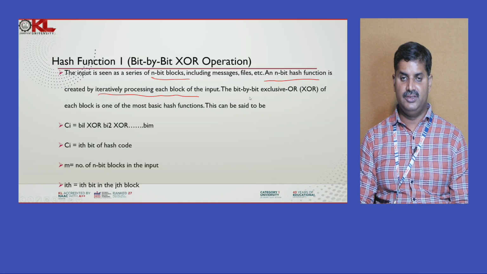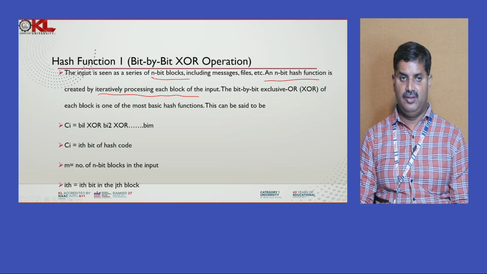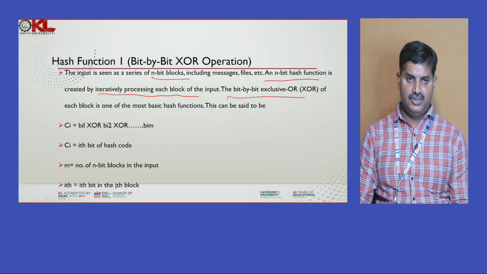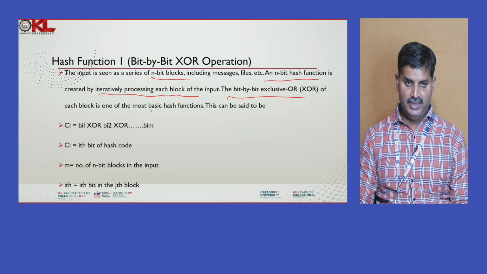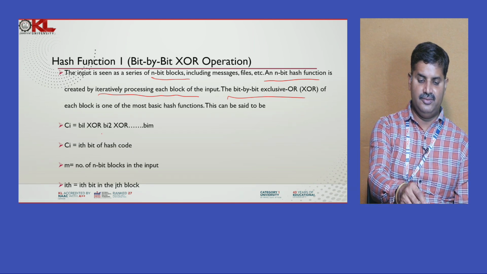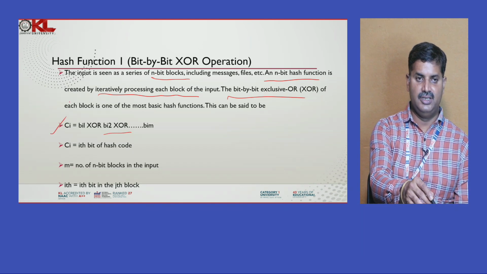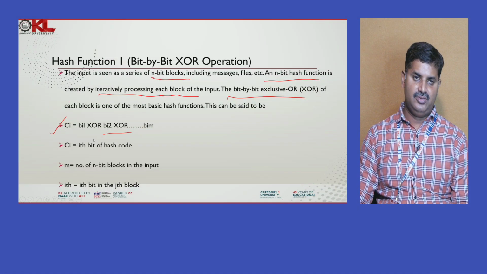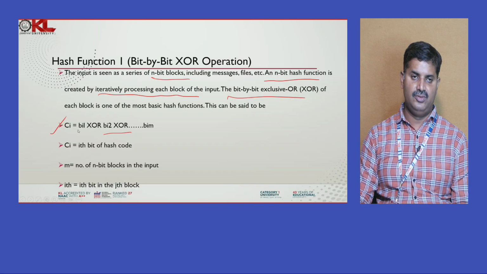Here the function used in the hash function is bit by bit exclusive OR, so that each block is provided to the hash function to compute the cryptographic hash value. Ci is very important to legitimate the message through the exclusive OR function, through a series of bits.